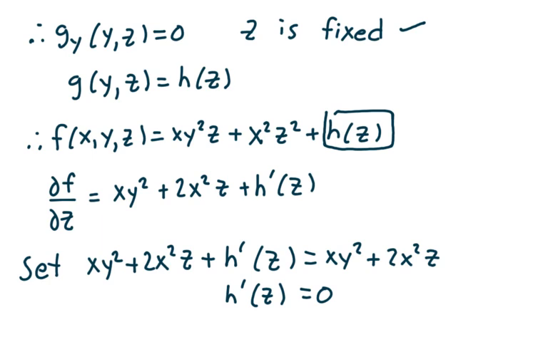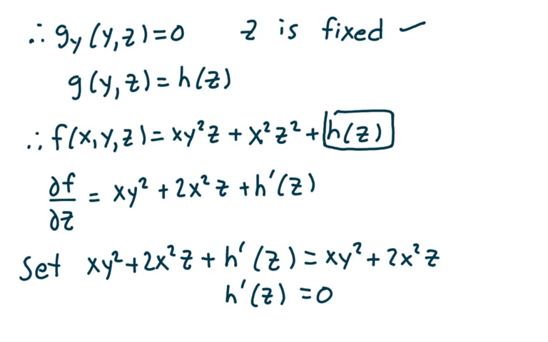So take the partial of f with respect to z. We get xy squared plus 2x squared z plus h prime of z. Set that equal to the third component of that vector field, which is xy squared plus 2x squared z.